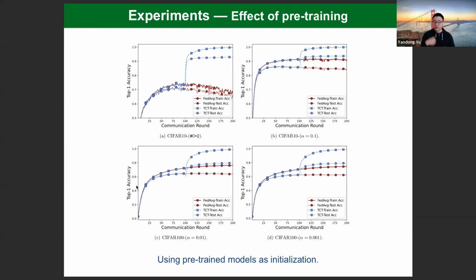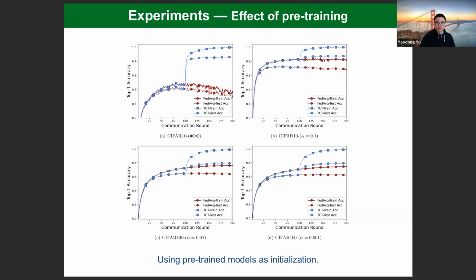We found that by using a pre-trained model, you can deal with the data heterogeneity and improve the performance. Even for federated averaging and SCAFFOLD, the performance is boosted. And after using the pre-trained model, if we try TCT, it actually boosts the performance a lot.